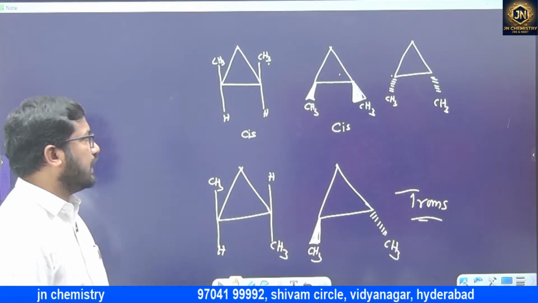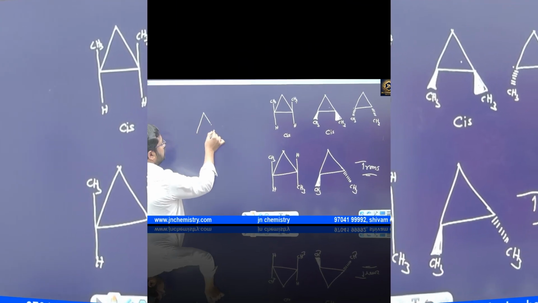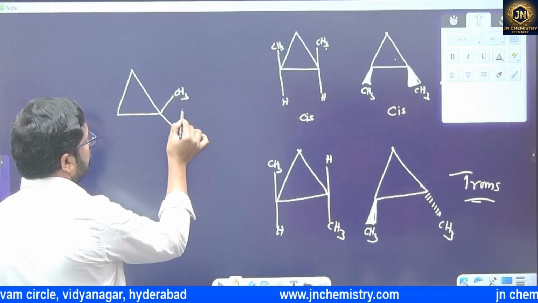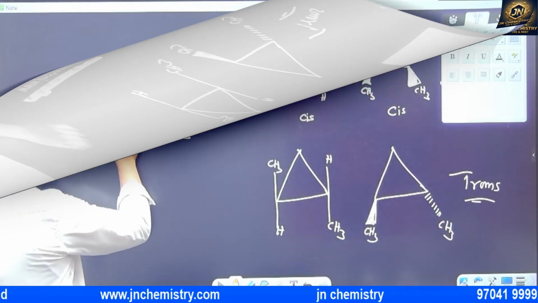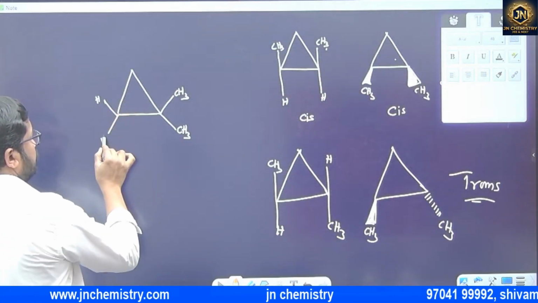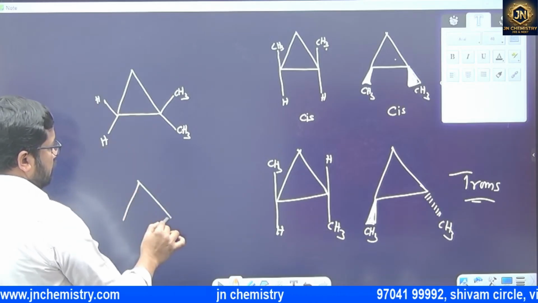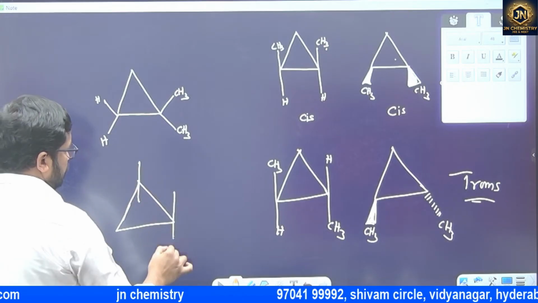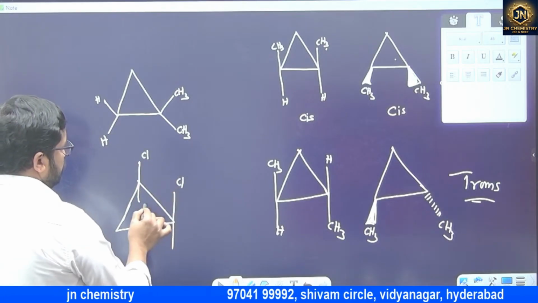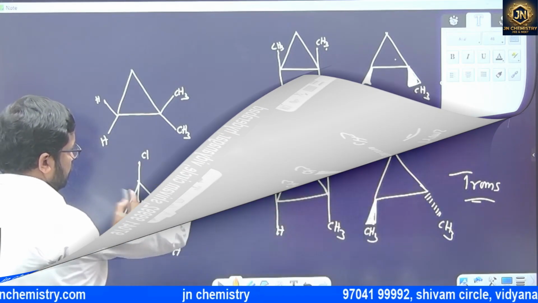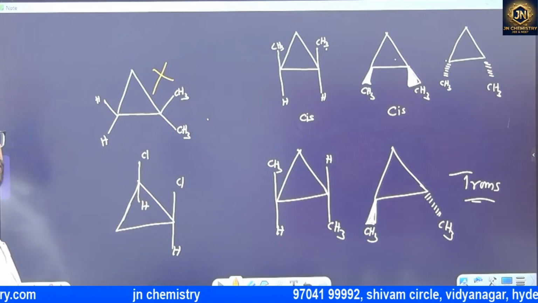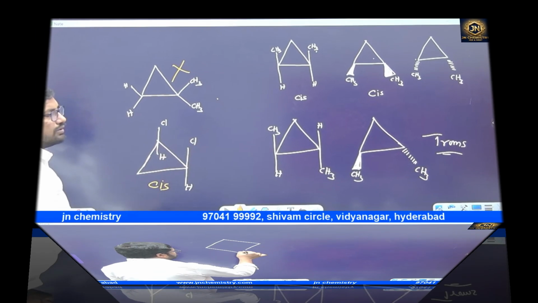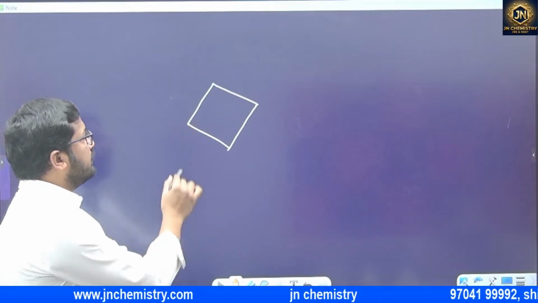So write it down, cis and trans. This one won't show the geometrical isomerism. This is cis. Write it on this also. For example, the compound is like this.